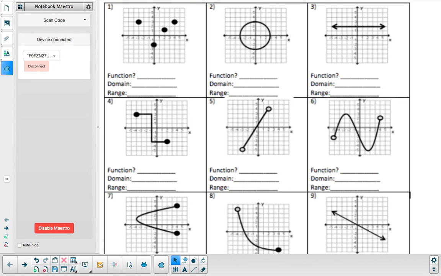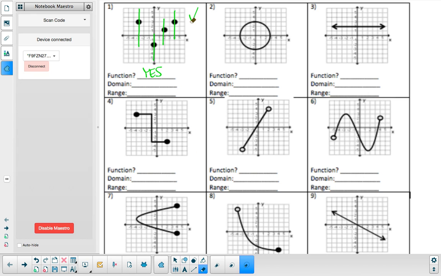Okay, so if I look at this, let's test if it's a function or not a function. So on all of these, I have graphs, so I need to be doing the vertical line test. So on this first one, I have a point there, there, there, and there. So this one, in fact, does pass the vertical line test. So this is indeed a function.